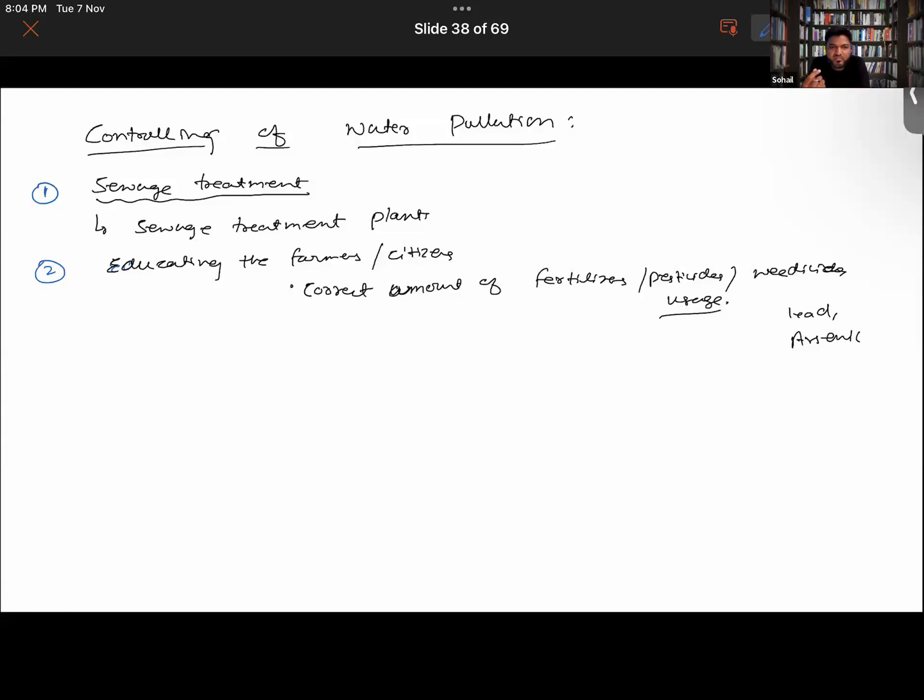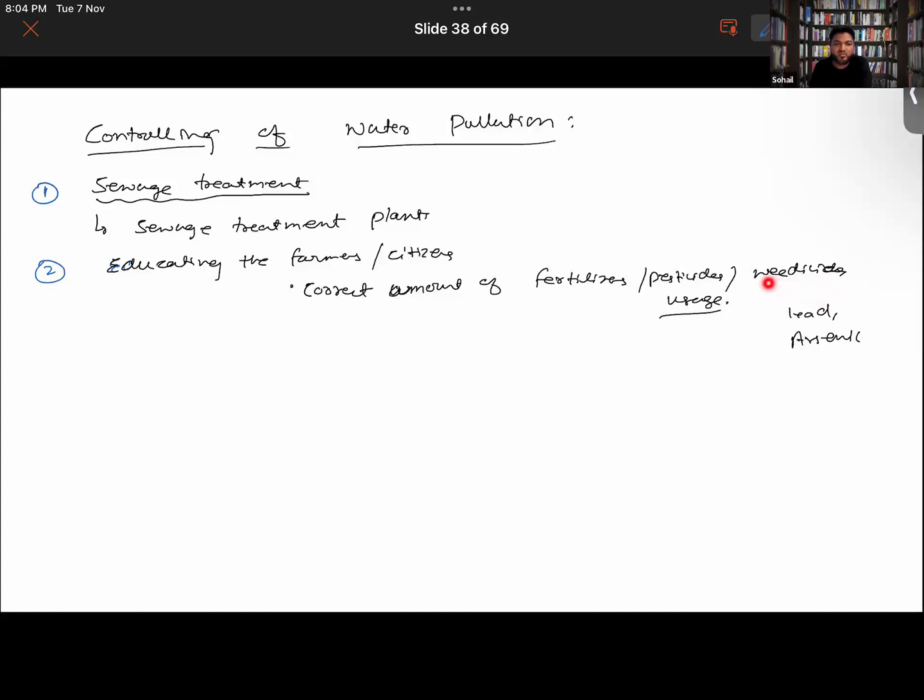It will go to unwanted plants, which could be poisonous. So weedicides can actually reduce the growth of the main plant. It can also reduce the fruit or seed bearing capacity of the main crop, right?